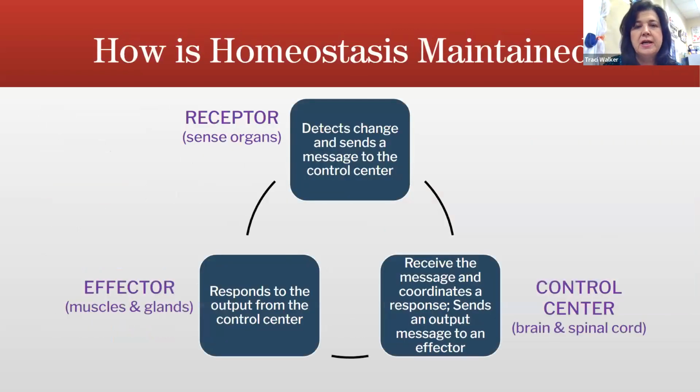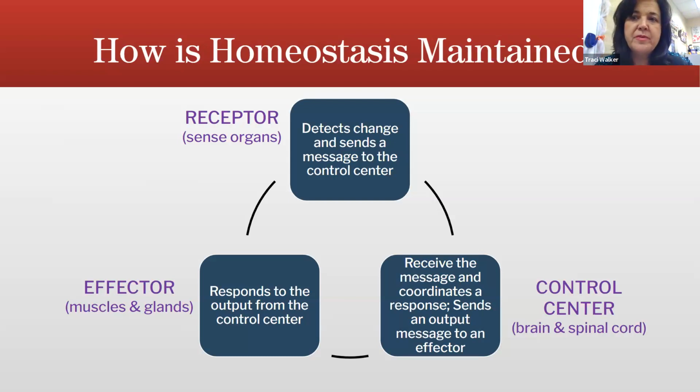This is another diagram that shows you the process. Notice that it doesn't really have a beginning or end. It's just a constant cycle that's going on. Our sense organs, our receptors, detect changes in our internal or external environment and send a message to our control center. Our control center is our brain and our spinal cord. These messages are received there.